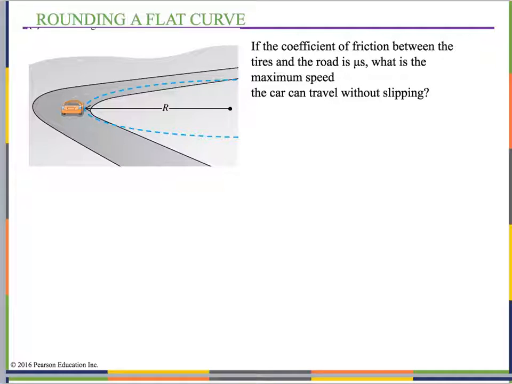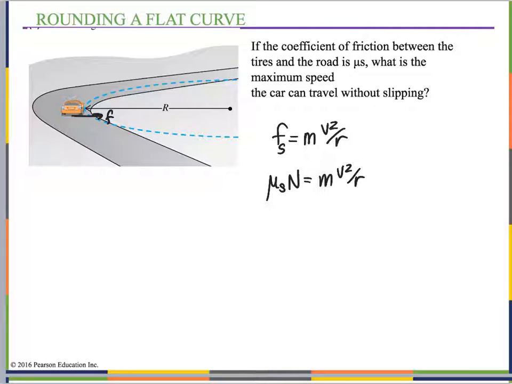I didn't realize the problem that we did previously would be kind of similar to this one, where we're calling this the friction, and then the friction is going to provide the centripetal acceleration. So if we say that the static frictional force is mu s times the normal, we could find an expression for the speed of the car.